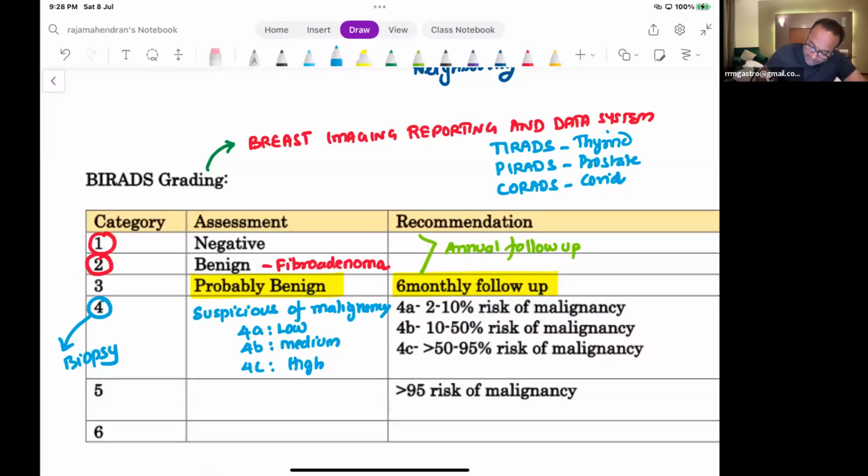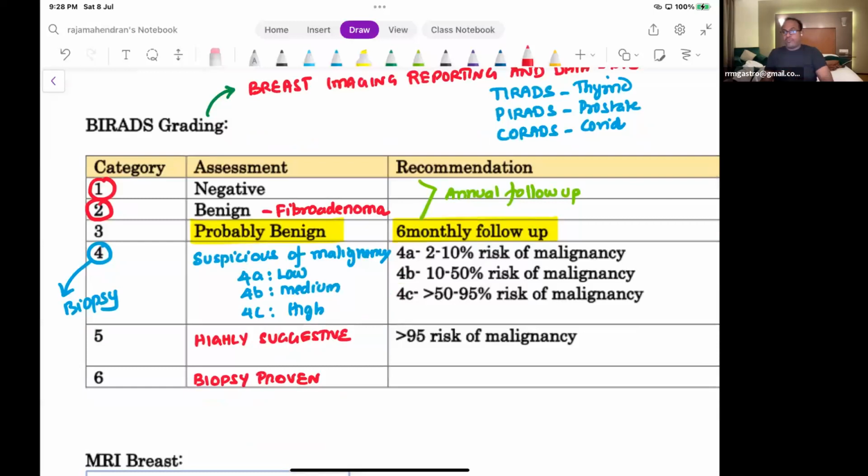5 is what? 5 is high risk, high chances of malignancy, highly suggestive of malignancy. Please don't forget, highly suggestive of malignancy. 6 is already biopsy-proven malignancy. Suspicious of malignancy comes under 4: low, medium, high. Highly suggestive of malignancy is 5.